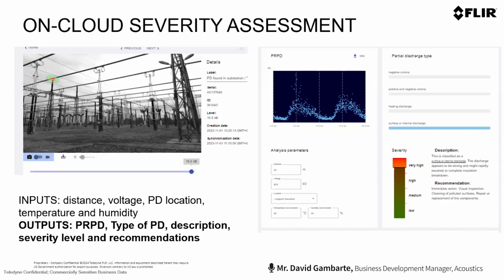I think it's really important to understand here that the most important factors are voltage and location. Voltage and location means the component where the partial discharge is located, right? So these are the most fundamental things to evaluate the severity of the partial discharge. Distance is important.